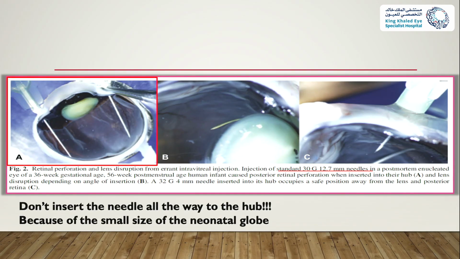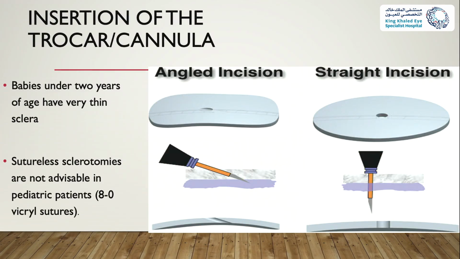Let me just move to the next one. Now, still talking about inserting, not the needle, but the trocar. I already told you about the angulations and the straight entry. Since the sclera in the baby is so thin, there's no point in doing the angulated approach anymore, because you're not going to get a self-sealing wound from the thin sclera that you have.